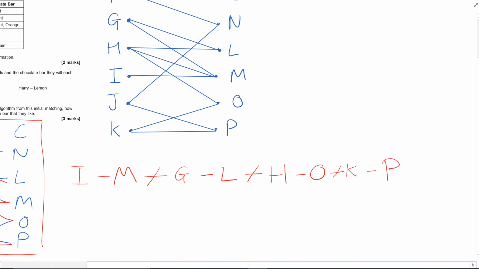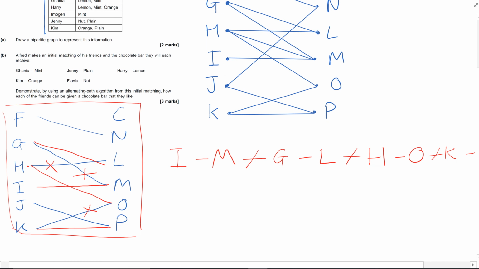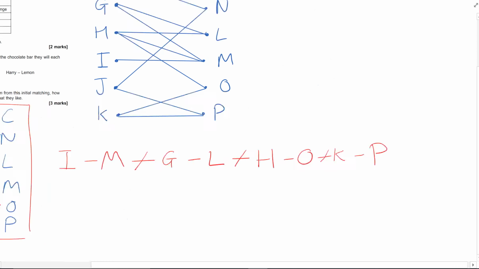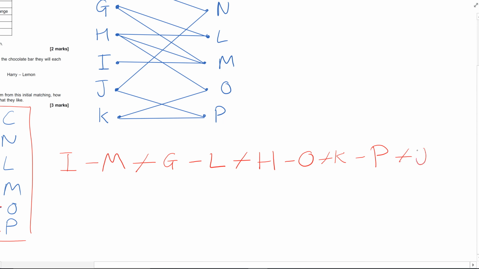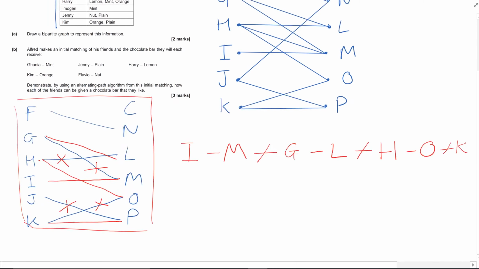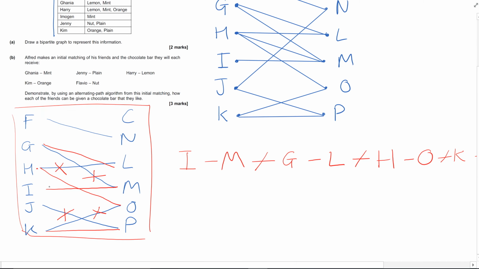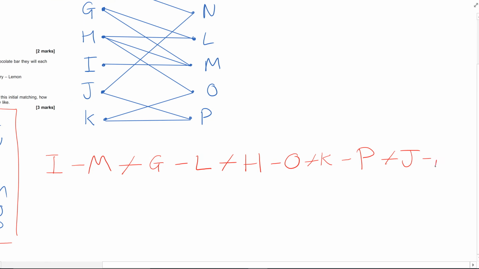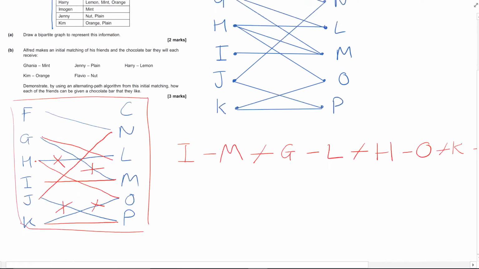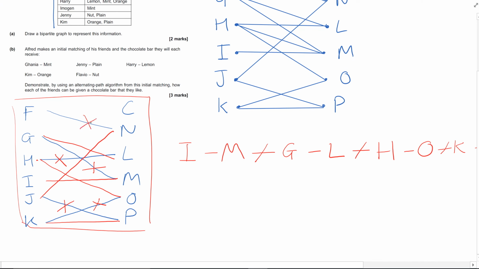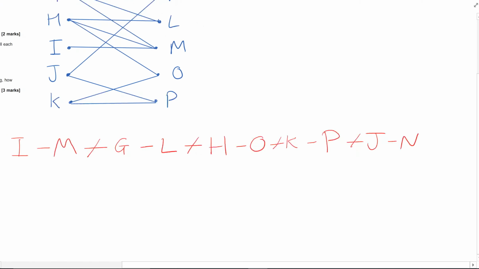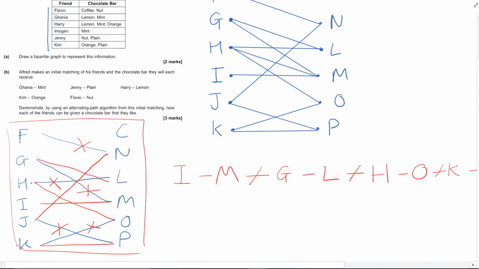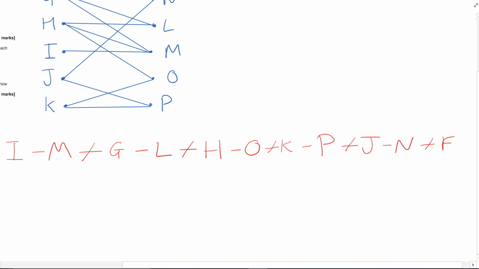K is going to go to P. So that means that P is not matched with J. And therefore J is going to go all the way up to N, which stops Flavio being matched with the nut. So we're going to remove Flavio from the nut. And finally, we can match Flavio with coffee.